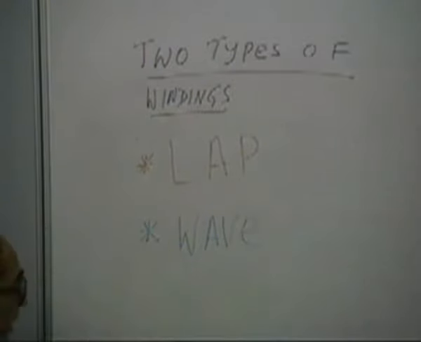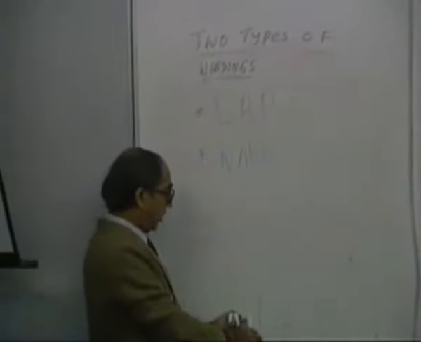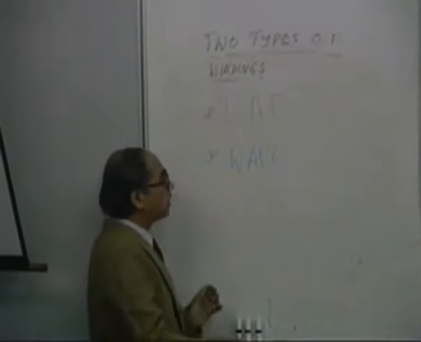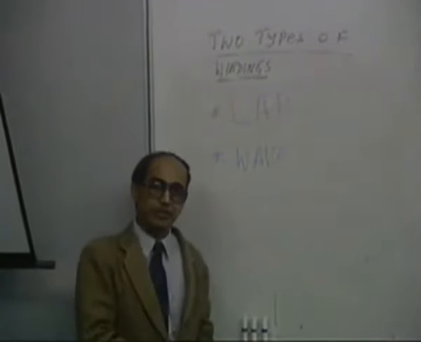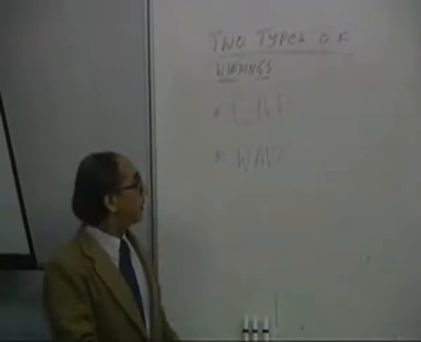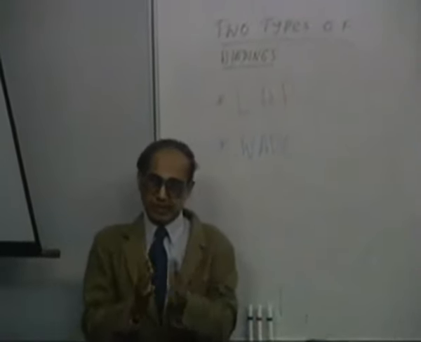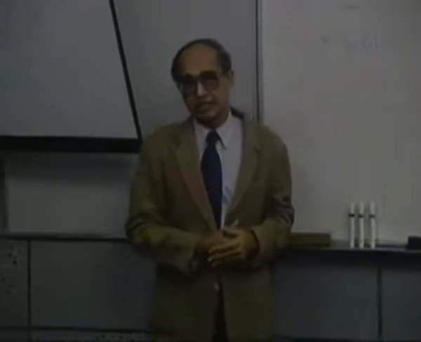And each of these windings have certain differences. We will see what is the difference now. And the terms which we define, front and back pitch, will have their appropriate variations between the lap and the wave winding. So we understand that there are two basic types of windings, a lap or a wave winding. What is the difference? Let us see now.